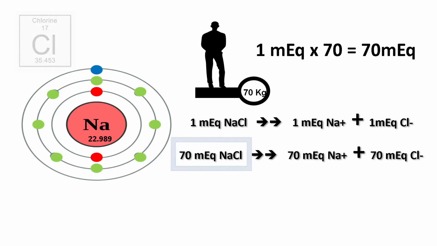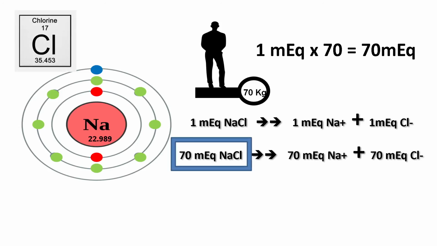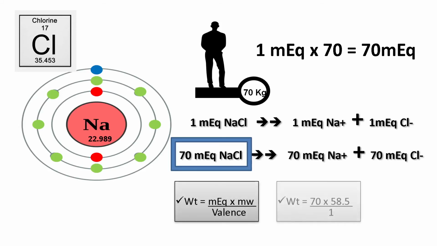We know the molecular weight of chlorine is 35.453. Molecular weight of sodium is 22.989. So we use the weight formula now. Replace those values. The weight will be 70 multiplied by 58.5, which is the molecular weight of sodium chloride.